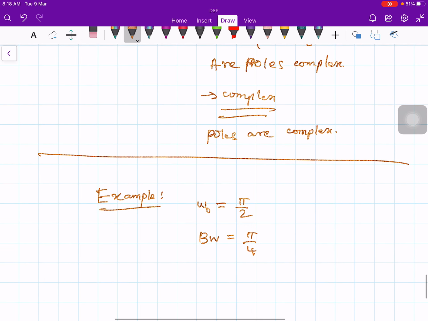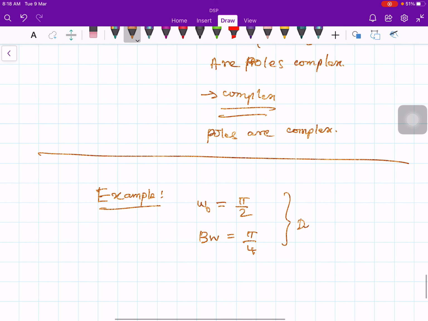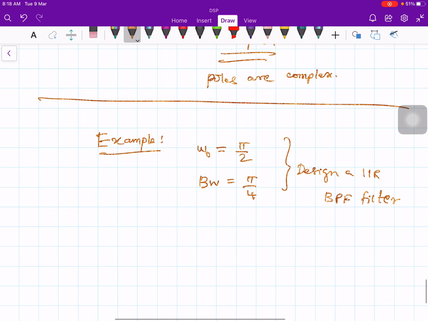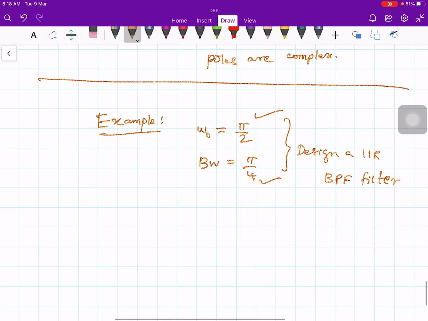So design an IIR band pass filter. We want to design a band pass filter whose center frequency is pi by 2 and its bandwidth is pi by 4. So what is the Q value in this case? Q value is center frequency divided by bandwidth. Center frequency is pi by 2 and the bandwidth is pi by 4. So the Q value is 2.